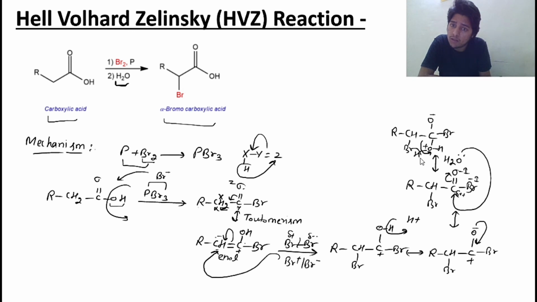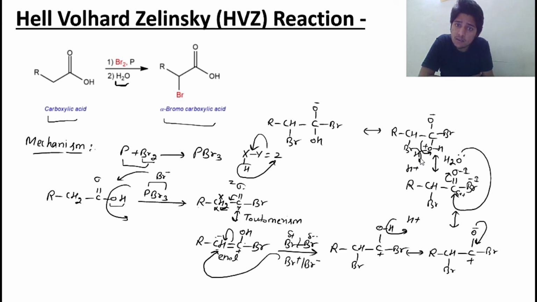The proton is removed in the form of H plus. So here we have RCH, bromine, and RC with OH. Because one H plus is removed, oxygen attracts electrons, so OH forms, with bromine and O minus.